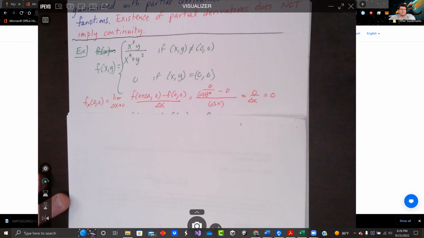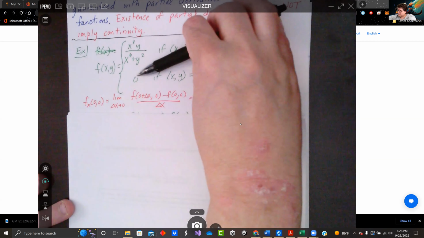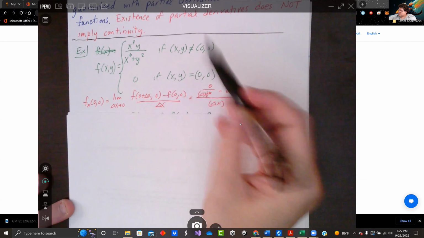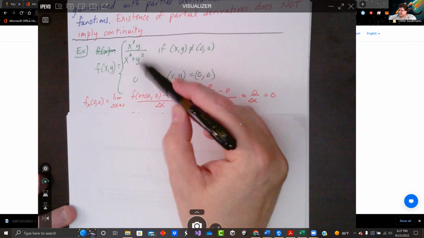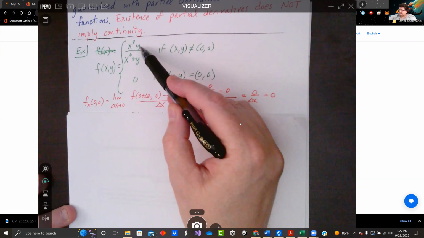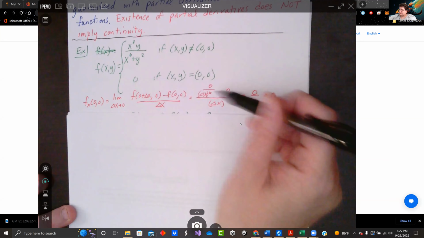So the partial as x goes to 0, we use our limit definition, f of 0 plus delta x comma 0 minus f of 0, 0 over delta x. F of 0, 0 is defined right there as 0, so that goes to 0. And when we plug in, treating y as 0, the top is delta x cubed times 0, which is just 0.